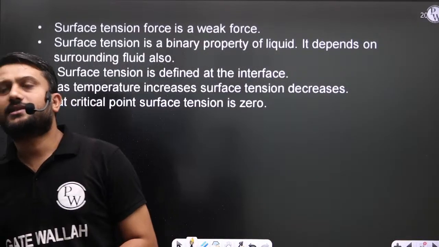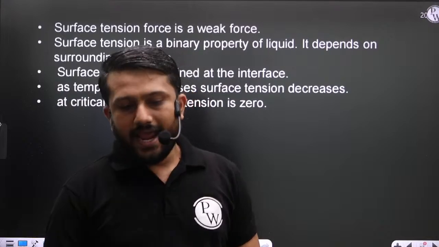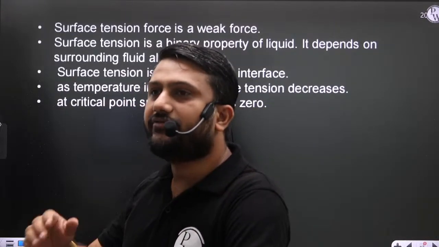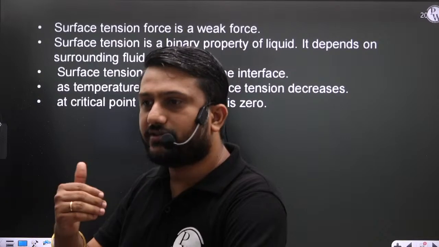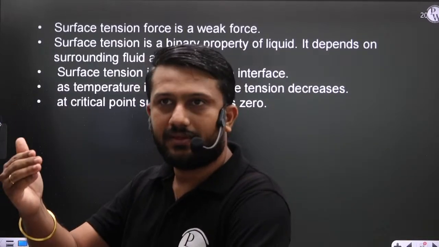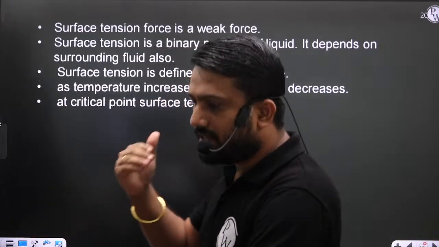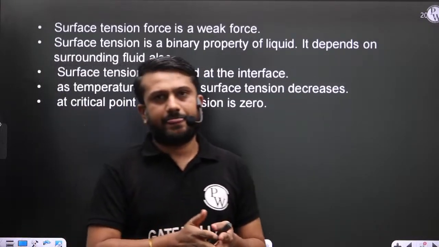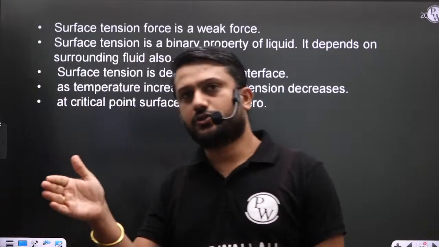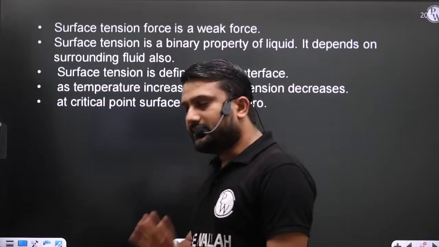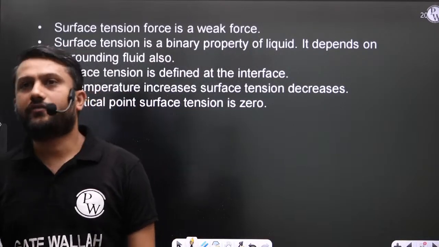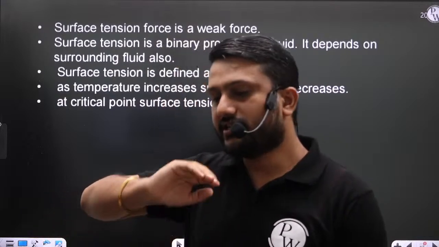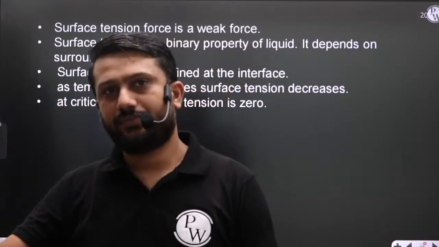And we also discussed that surface tension is defined at the interface of the liquid and the gas. You can define surface tension at the liquid-solid interface also, but this is very straightforward. Surface tension is defined at the interface.